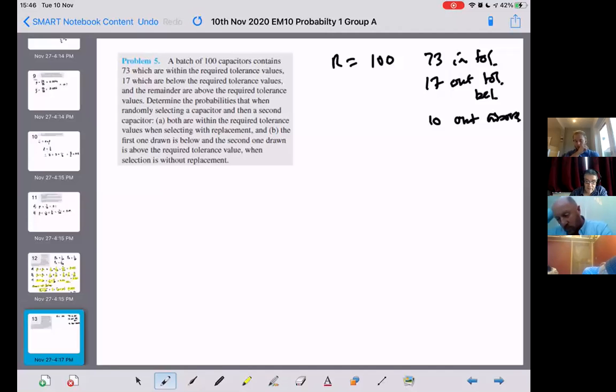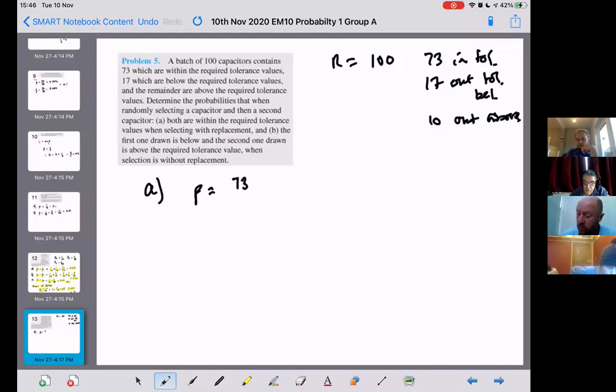For A, what we got? How have we done that? It says both capacitors are within tolerance. So 73 over 100 times 73 over 100.